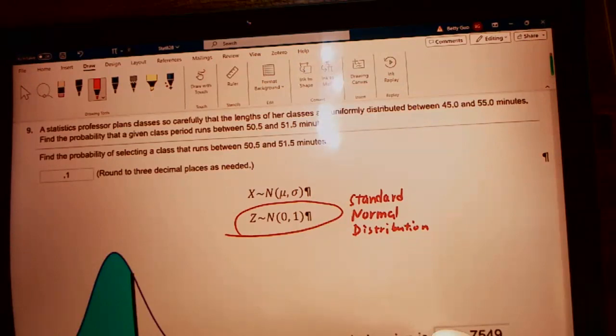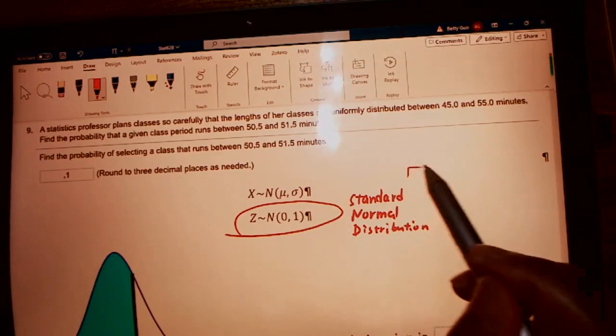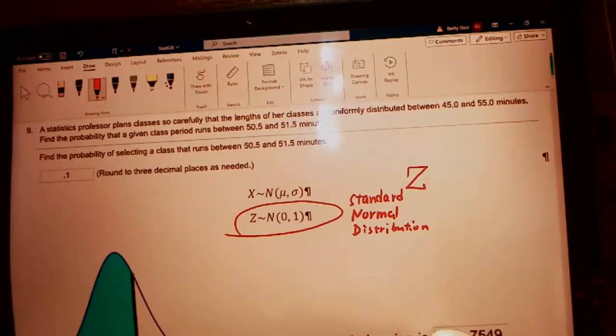Since it's so important, we give a specific letter for a variable that is standard normally distributed. We use a capital letter Z, it has to be a capital letter Z, to represent the variable which follows a standard normal distribution.